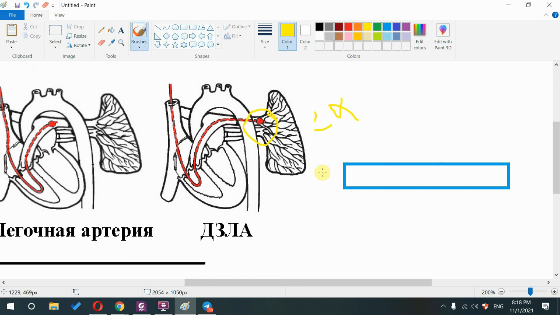So we have the Swan-Ganz catheter going inside, and then we inflate the balloon, and the pressure detector is located in red here. The balloon is inflated here, so the pressure cannot move forward. So the sensor here cannot detect the pressure from behind, from the pulmonary artery. It means nothing for it.